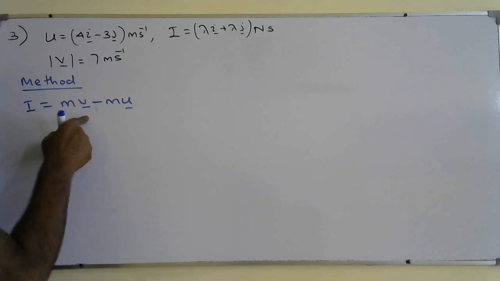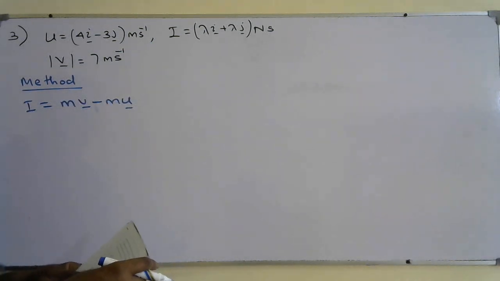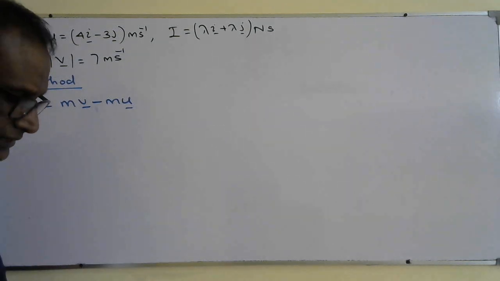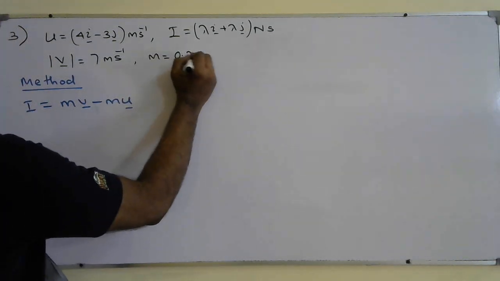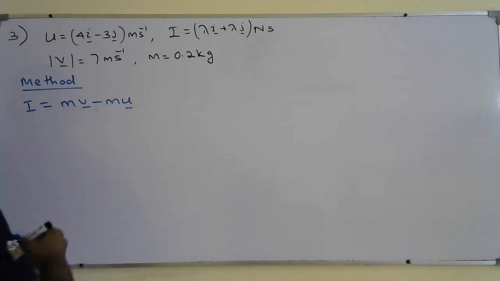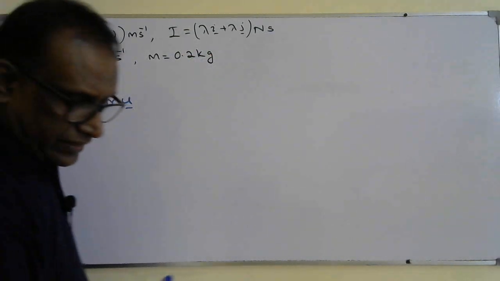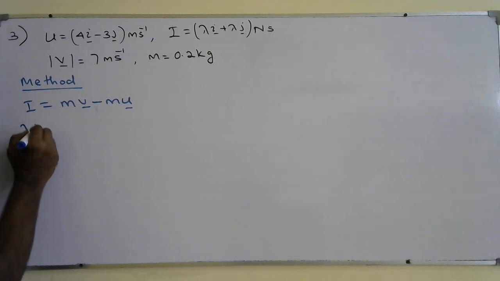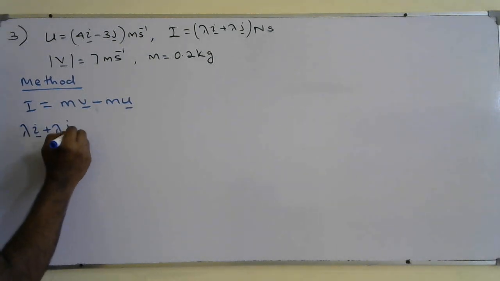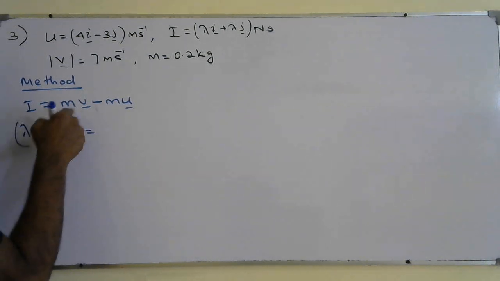The mass is given as 0.2 kilogram in the question. Mass m is equal to 0.2 kilogram. We know the impulse vector, that is lambda i plus lambda j, is equal to mv.